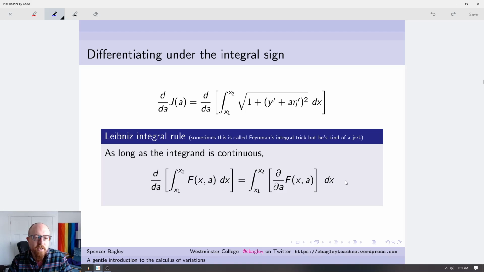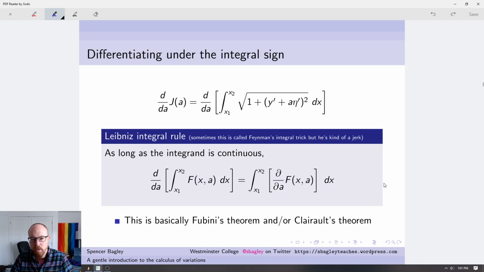As long as the integrand is continuous in the region that we care about, which I promise it is, you can interchange the order of the integral sign and the derivative sign, but then we need to think of the derivative sign as a partial derivative because now there's one more variable going on. If this reminds you of Fubini's theorem, that's because it is basically Fubini's theorem. If this reminds you of Clairaut's theorem, it's basically Clairaut's theorem. I'm not going to prove it. You can think about what a proof would look like.